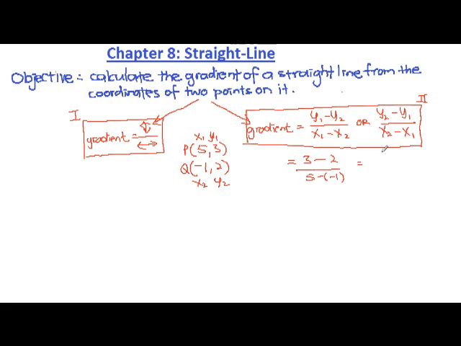This is equal to 1 over 6. So the gradient of PQ is equal to 1 over 6. The gradient of PQ has a positive value, which means that the line is going up.